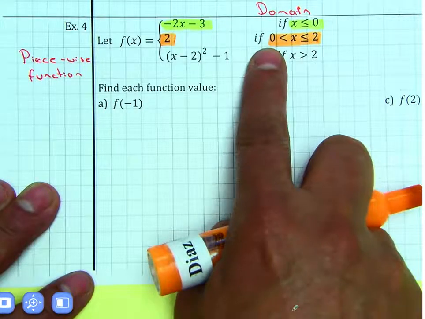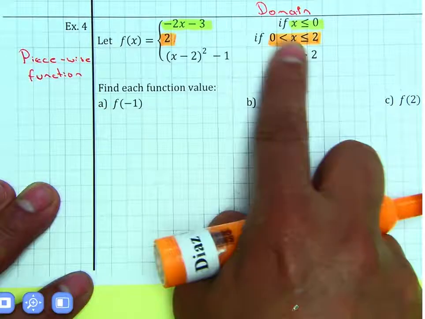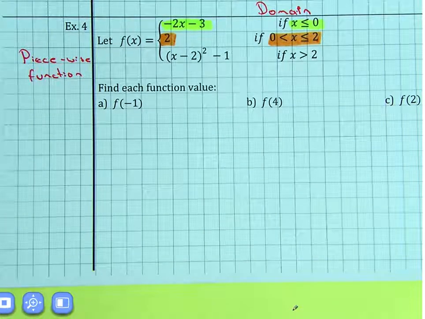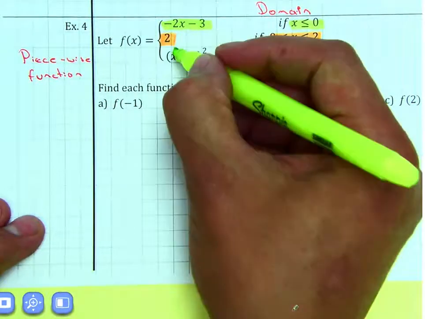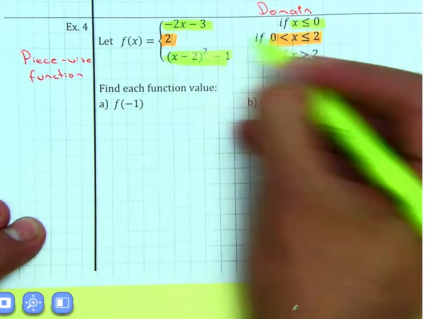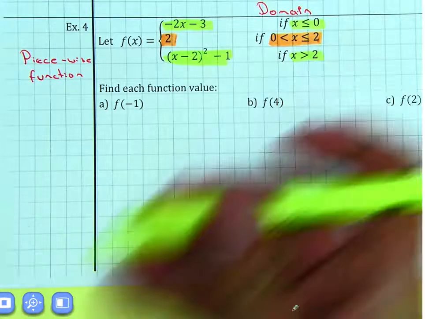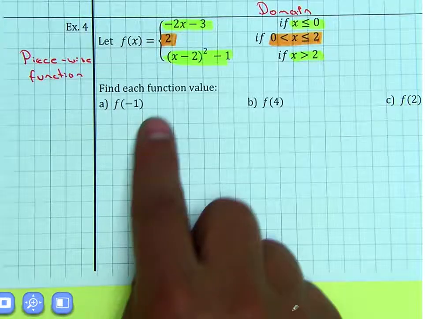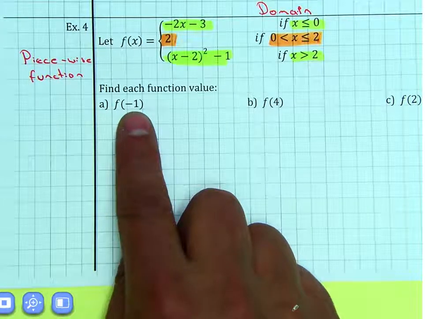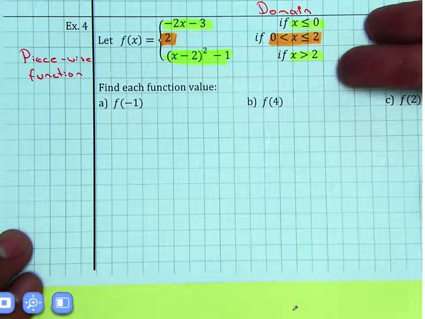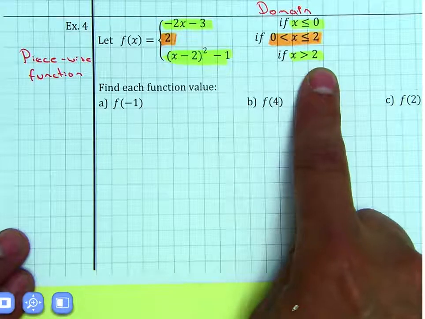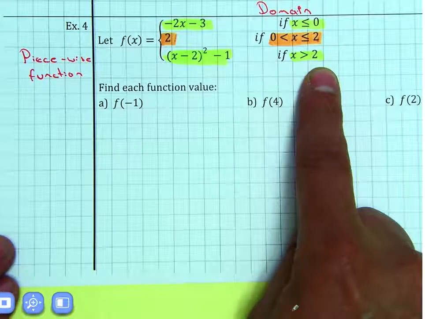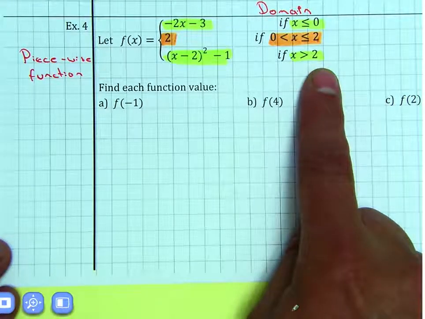So between 0 and 2, which includes the 2 but not the 0. And this function applies only when x is greater than 2. So find each function value. Now we are going to come back to the piecewise function once we get to section 1.6.